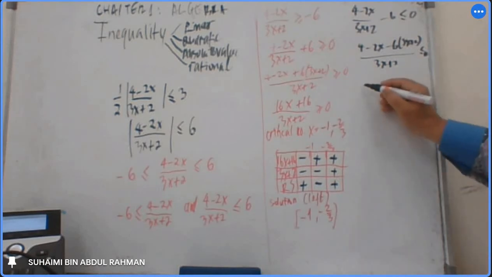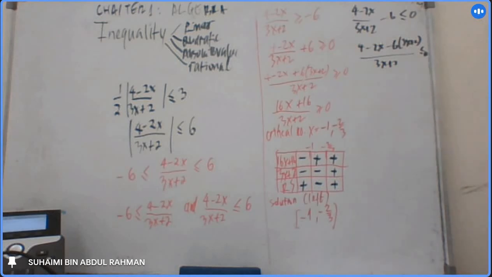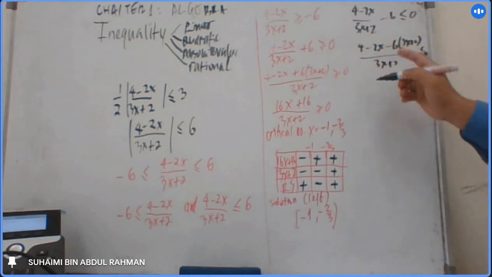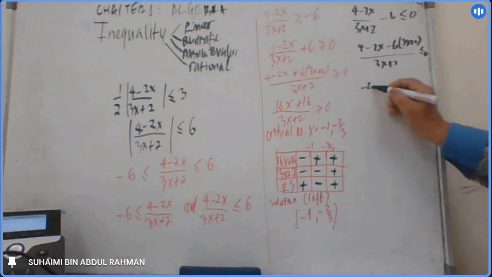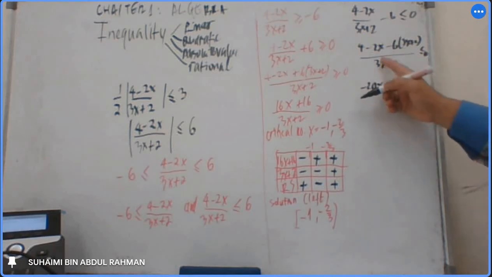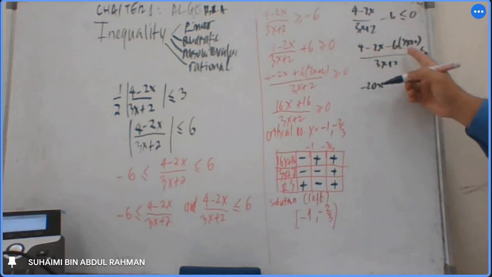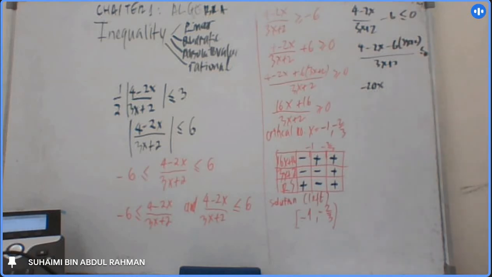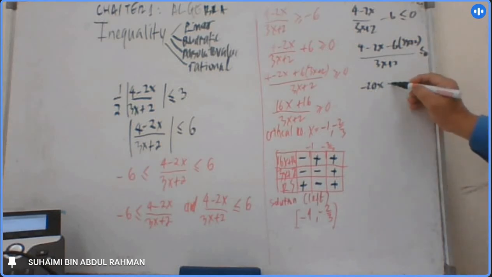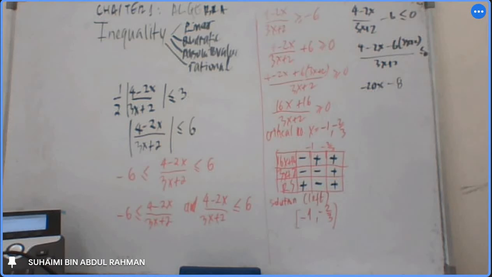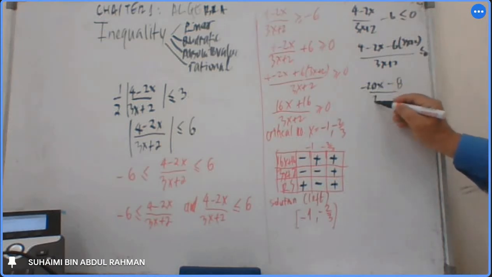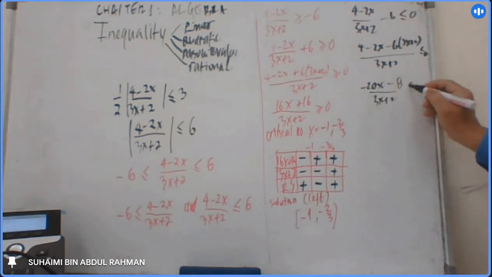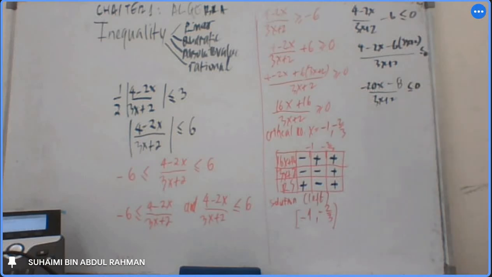So what we get is minus 2x minus 18x, 4 minus 12, which is minus 20x minus 8 over 3x plus 2 less than or equal to 0.